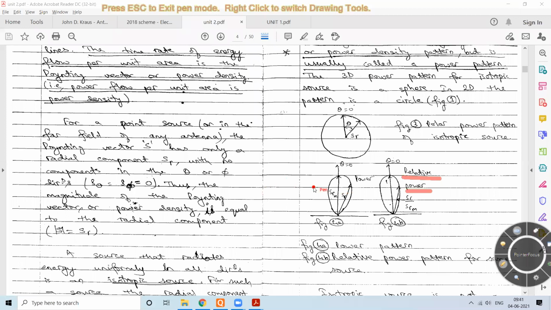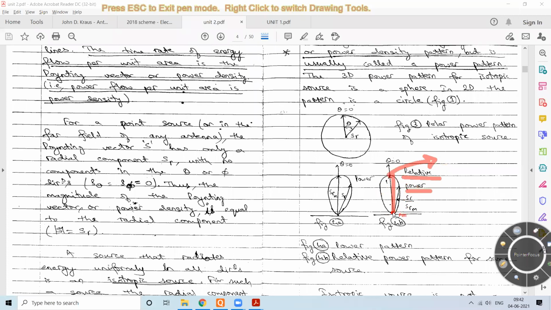If you're plotting the power density with respect to theta and phi, and in doing so you are plotting it with respect to one particular direction, say in this direction I am having a maximum over here. I take this maximum value, and with respect to this, I plot all the values.